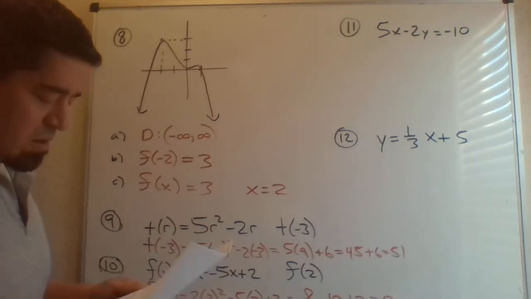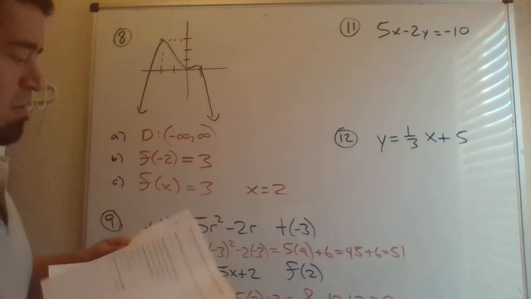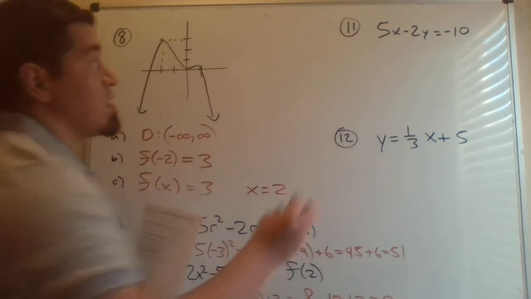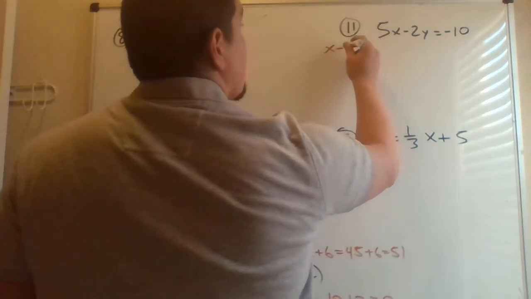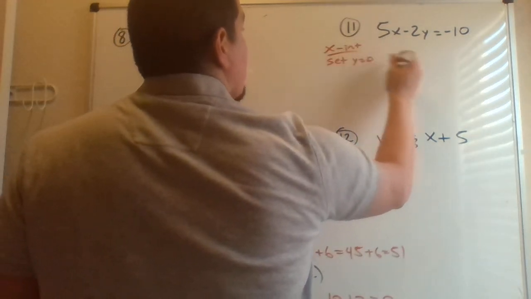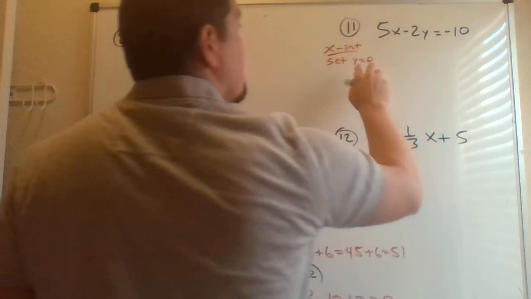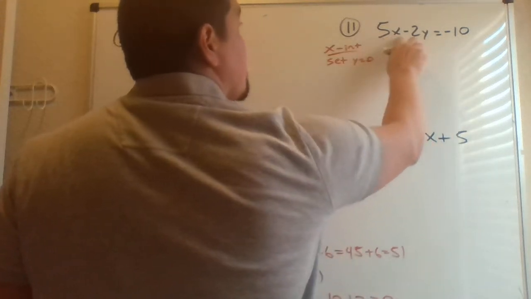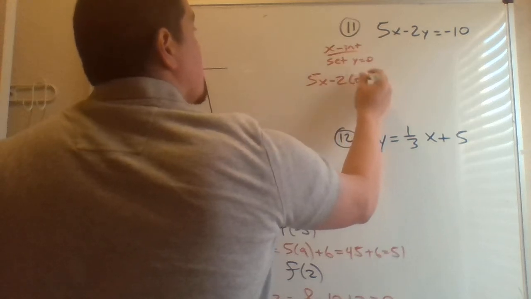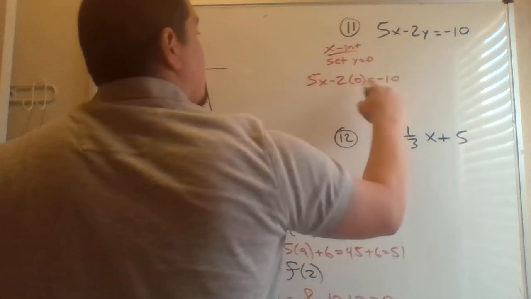Alright, so moving along, we're going to do the next one, which asks for x and y intercepts. Now, how do you find an x-intercept? Set y equal to 0. So that's what we're going to do. In the equation, 5 times x minus 2 times 0 equals negative 10.